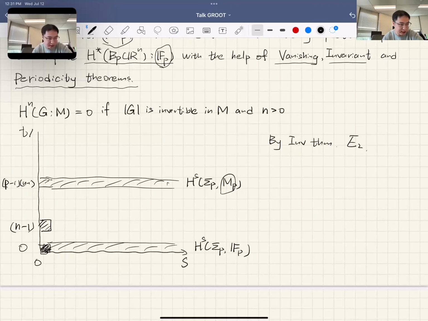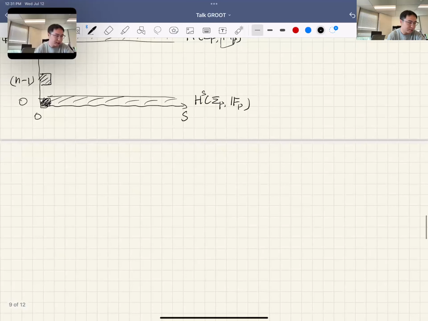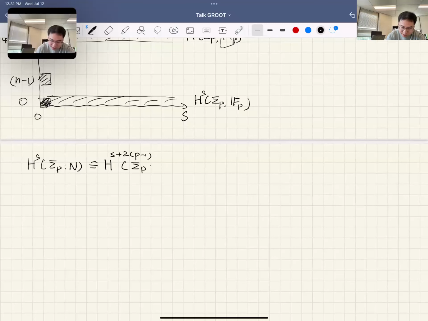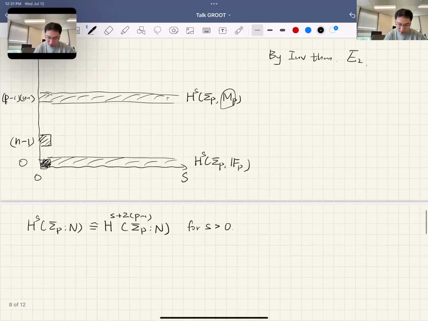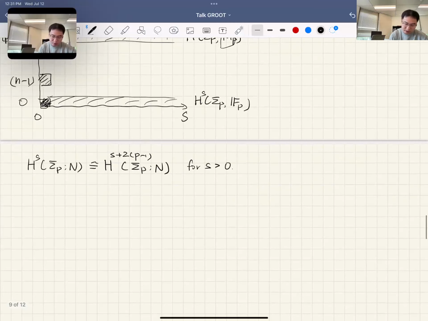The porosity theorem says that Hs of sigma p with coefficient n is actually isomorphic to H to the power of S plus 2 times p minus 1 of sigma p with coefficient n for S greater than 0. Okay, so why is this useful?